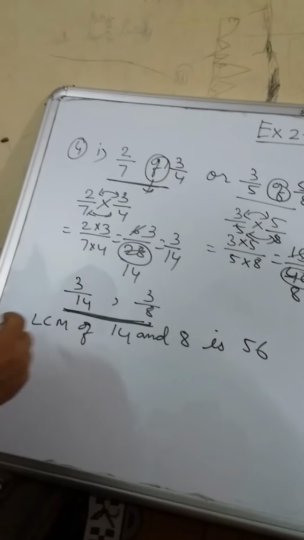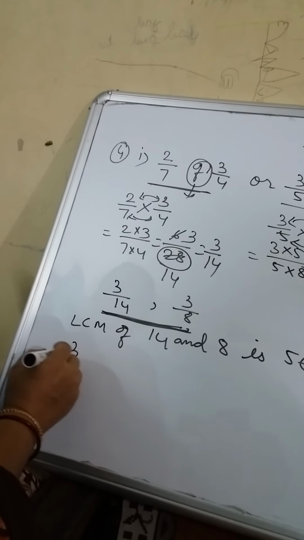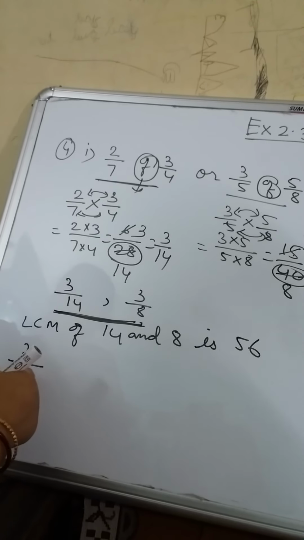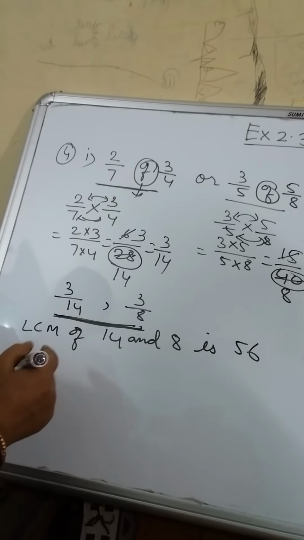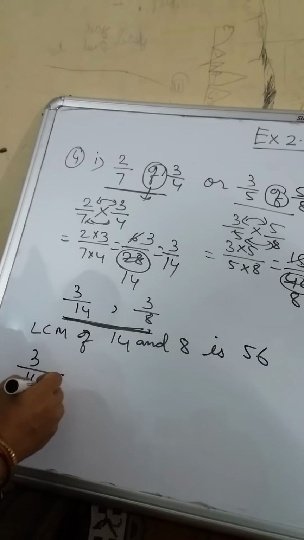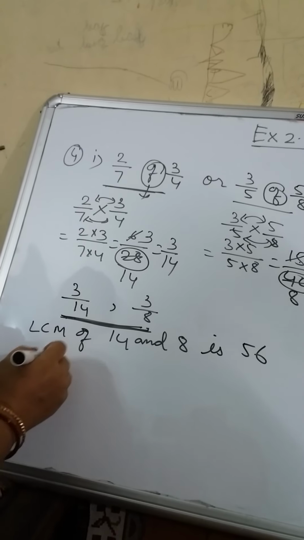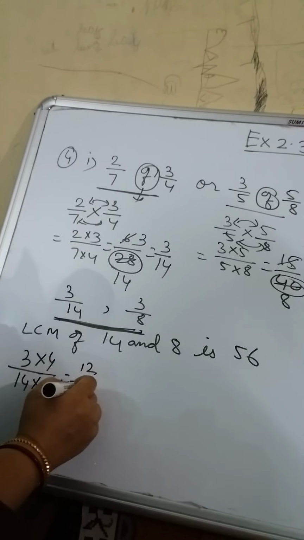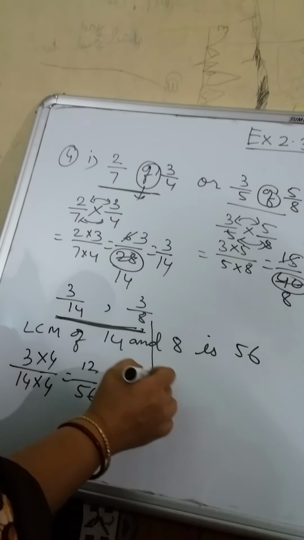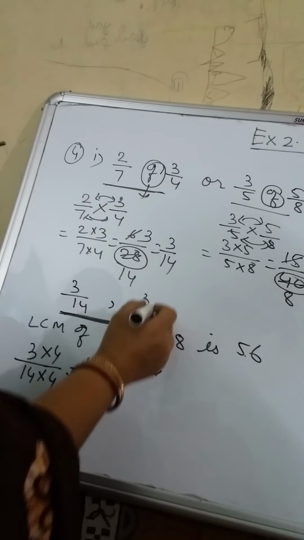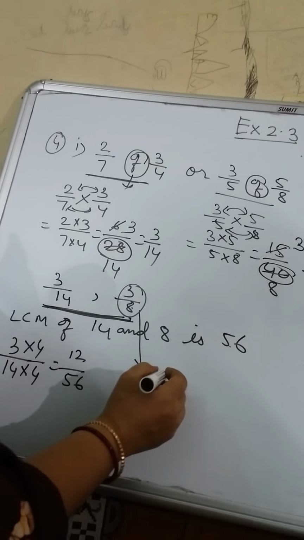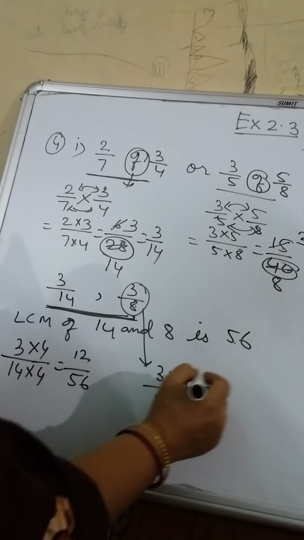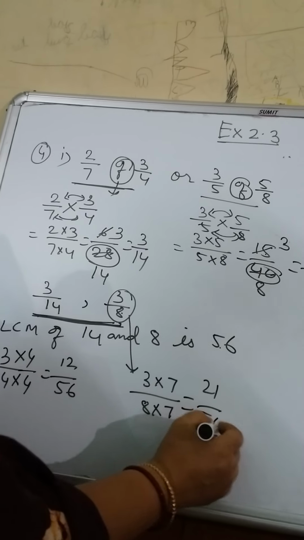For 3 by 14, 56 divided by 14 is 4. 4 14s are 56. So this fraction should be multiplied by 4, so it will be 12 by 56. And 8 sevens are 56, so this fraction should be multiplied by 7, both numerator and denominator. So 21 by 56.